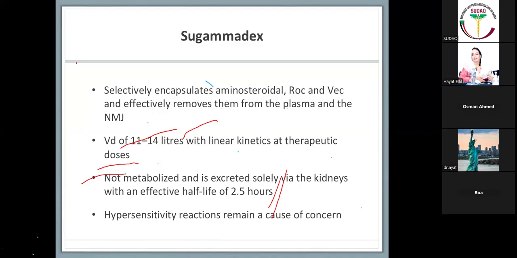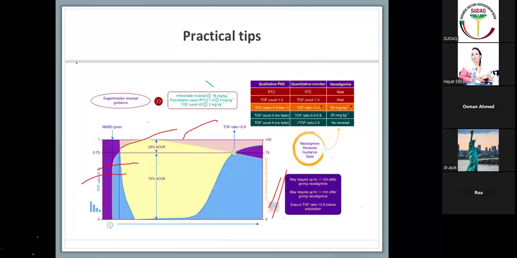There is lots of hypersensitivity concern about Sugammadex, but Sugammadex also sometimes is used in rocuronium-induced hypersensitivity, although it is not part of the recommendation for treatment of rocuronium hypersensitivity, because there is lots of concern about its own induced hypersensitivity reaction.